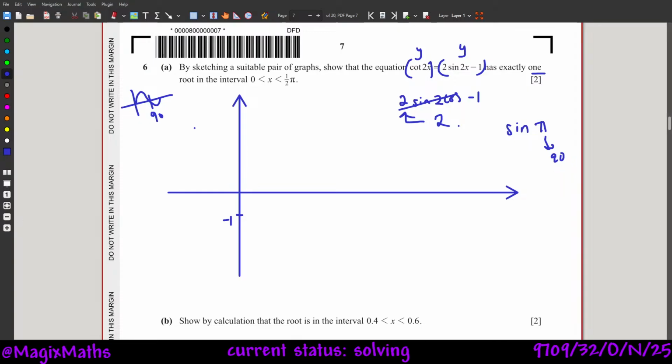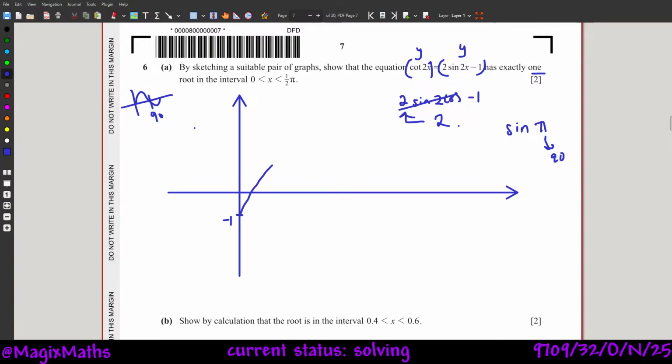So for this case, we'll have the graph go up until its halfway point.